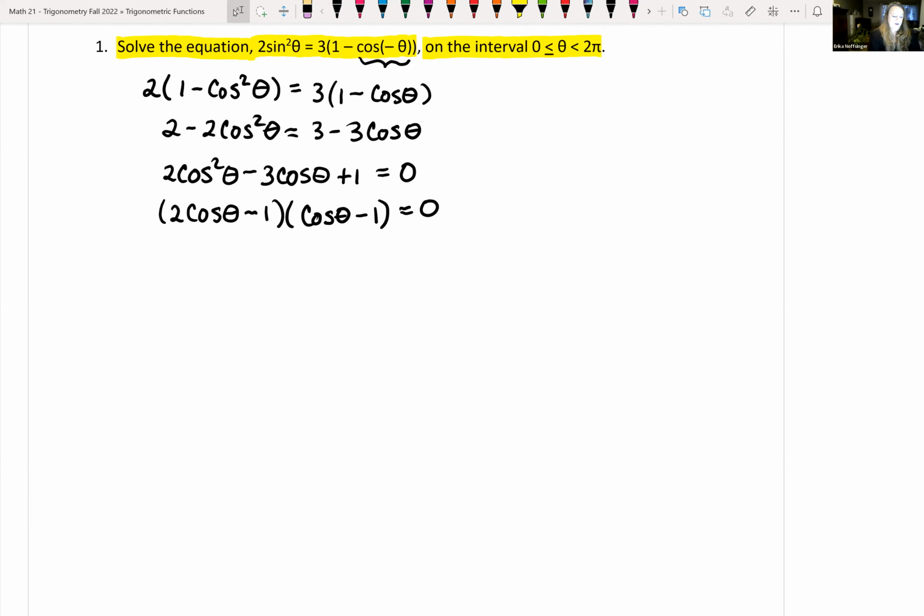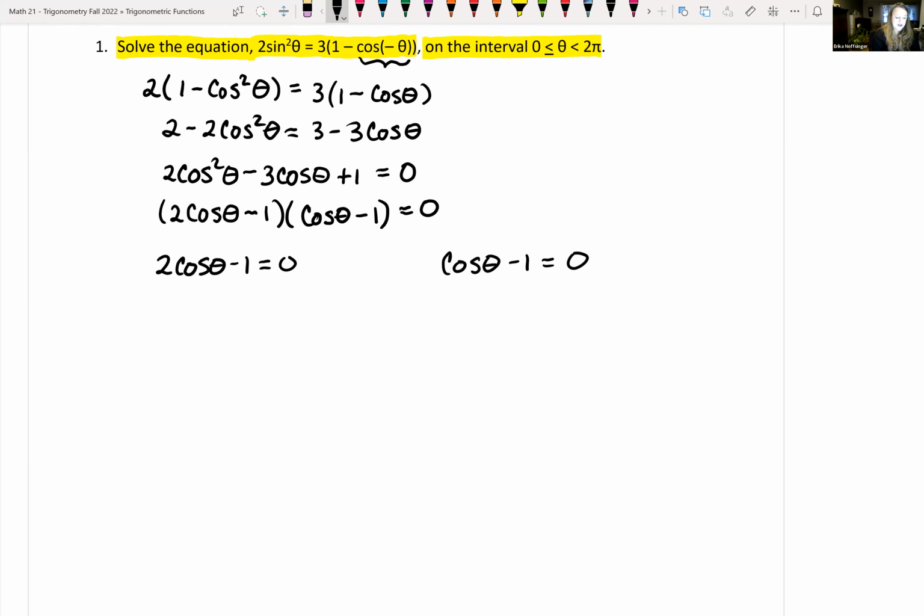Now that this is completely factored and set equal to 0, I can set each factor equal to 0. I'm looking at when 2 cosine theta minus 1 is equal to 0, and when cosine theta minus 1 is equal to 0. Let's isolate the cosine theta for each equation.